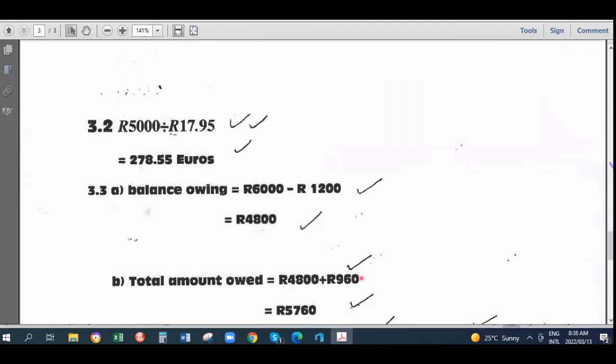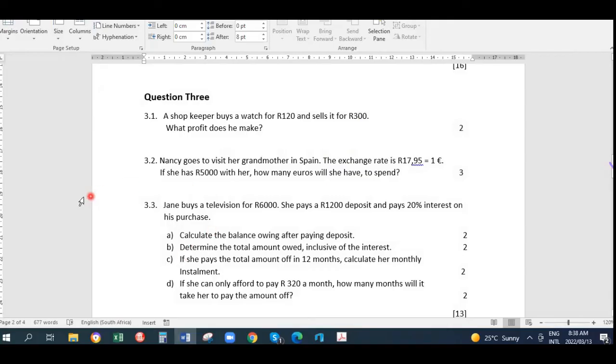Now we're looking at conversions. Nancy goes to visit her grandmother in Spain. The exchange rate is 17.95 to a euro. If she has 5,000 rands with her, how many euros will she have to spend? In examples with money and exchange rates, it's always either you multiply or you divide.